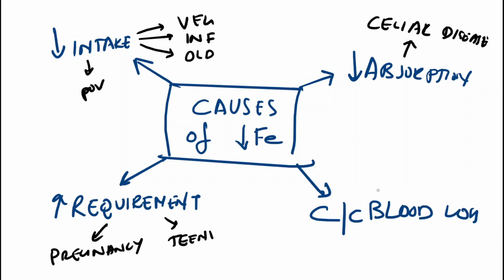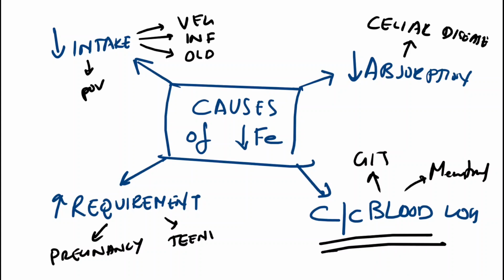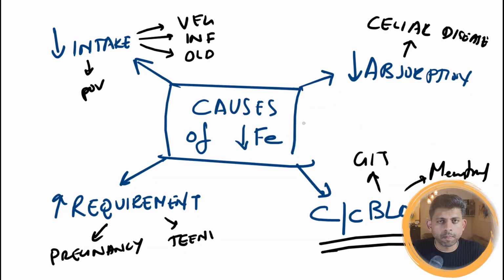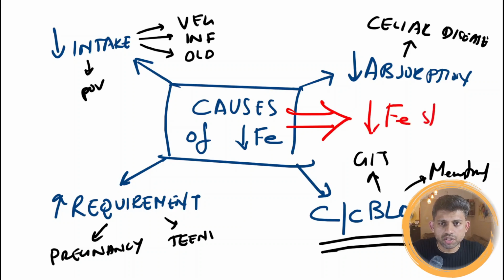Chronic blood loss can be from the GIT because of ulcers of the stomach or lower GIT tumors or parasites, or due to menstrual blood loss. Worldwide, probably chronic blood loss is the most important cause of iron deficiency. Whatever be the cause, all of these finally lead to reduced iron stores.